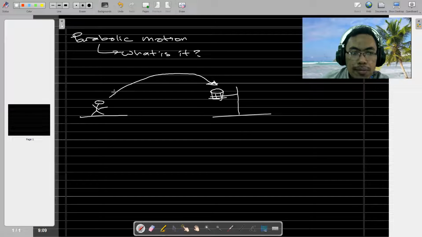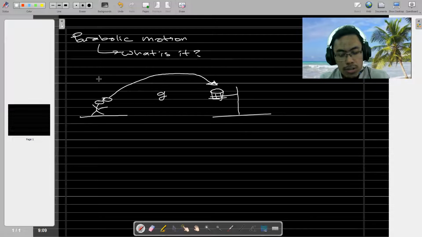So it's like a parabola, and this can happen due to gravity, because we have gravitational force.